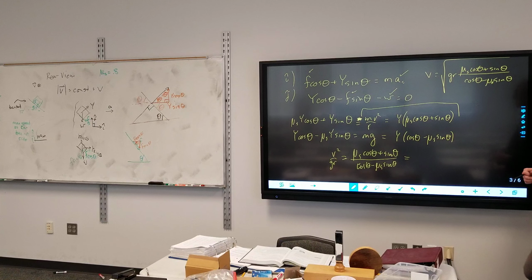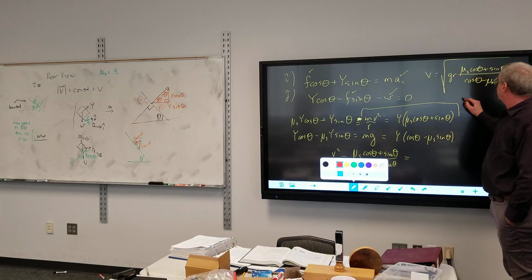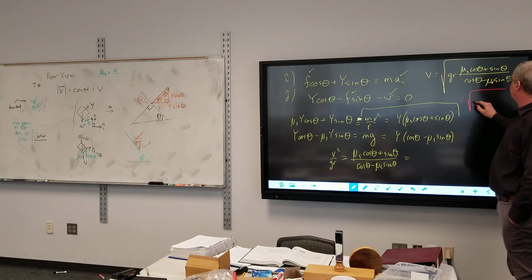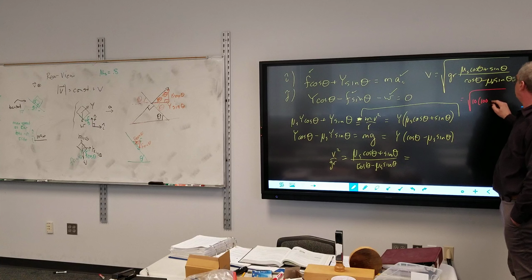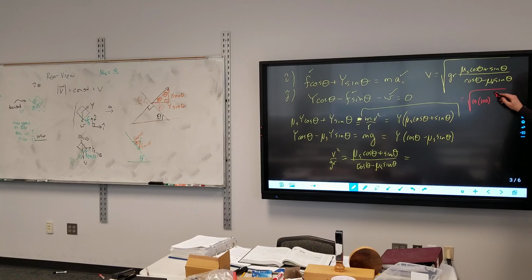Now we plug and chug. So that is equal to the square root of 10 times 100 times 0.8, and I'm just going to go ahead, cosine is 0.8, plus 0.6 divided by 0.8 minus 0.8 times 0.6.